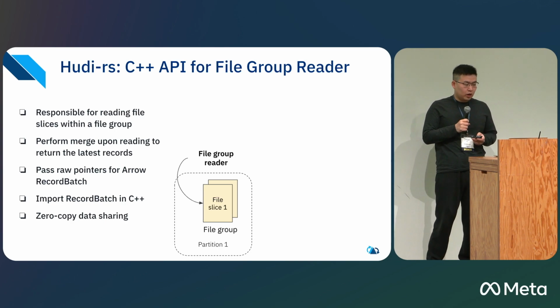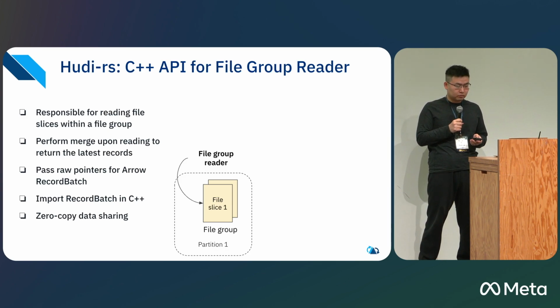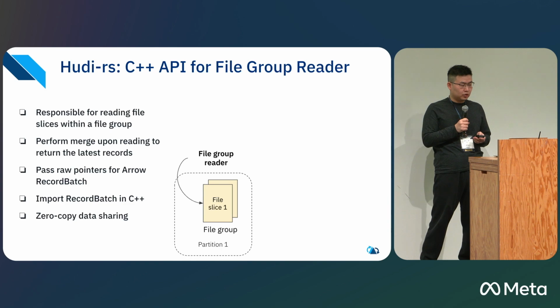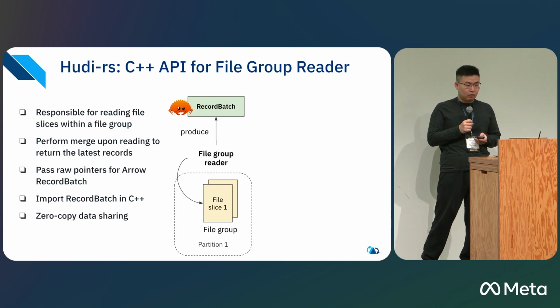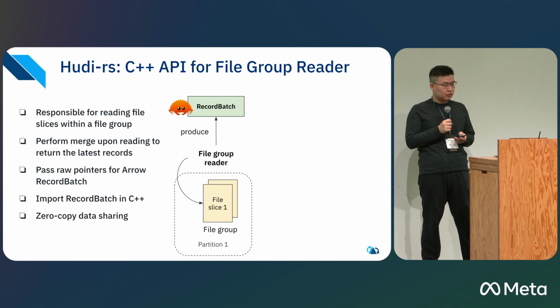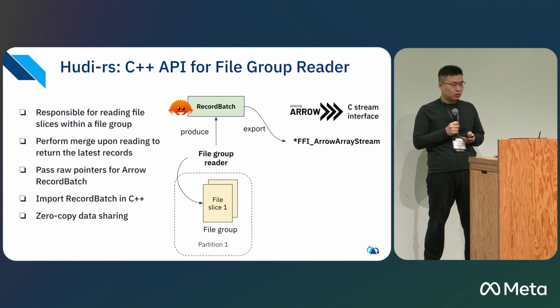In Hudi Rust core, the file group reader is responsible for merging log files with base files and returning Apache Arrow's record batch. Luckily, Arrow provides a stable C interface, allowing us to pass a record batch from Rust to C++ by exporting raw pointers.